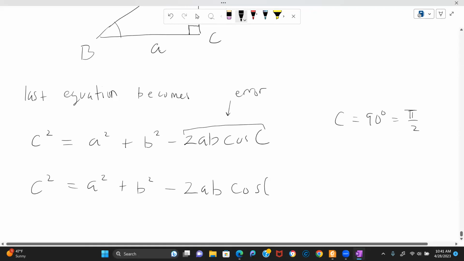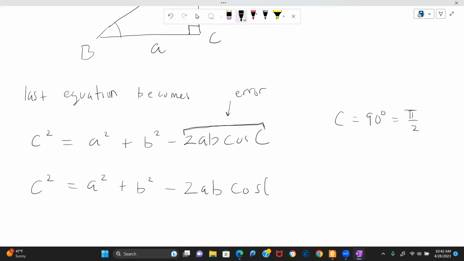Remember, the Pythagorean theorem holds, A squared plus B squared equals C squared, if your triangle is a right triangle. What the law of cosines says is that if you don't have a right triangle, the Pythagorean theorem doesn't quite hold. You have this error.